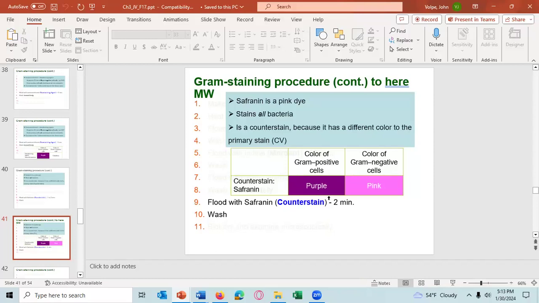If we were to look at the cell with the electron microscope, so let's say this box here is the cell, we would see areas that are purple, like this area here and this area here, and then areas that are pink, like this area here and this area here. That's because the electron microscope blows up the cell much bigger.